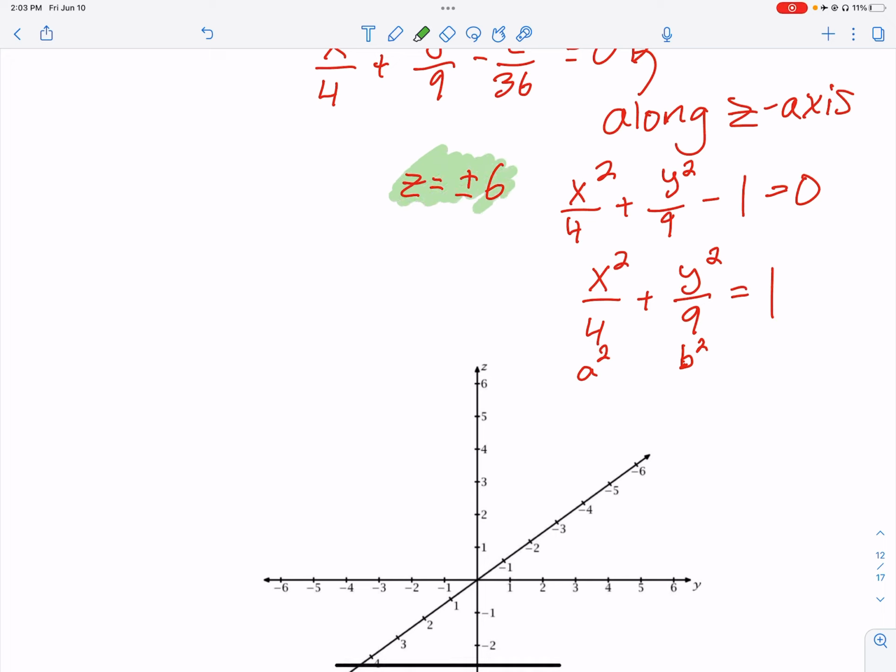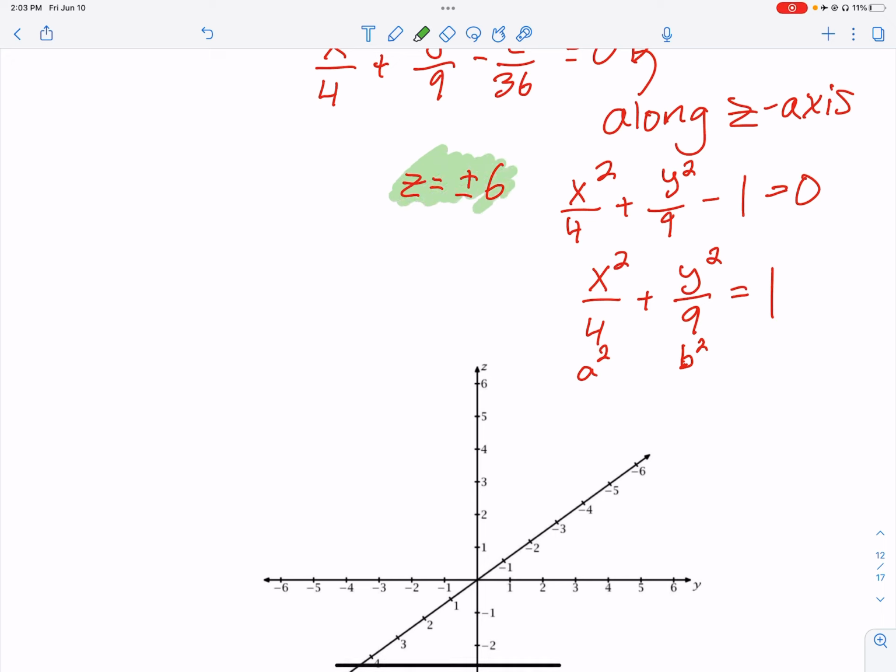We would need to graph this up here at the top, so I'm going to put some axes there, one parallel with the x and one parallel with the y. Now I have that at 6.